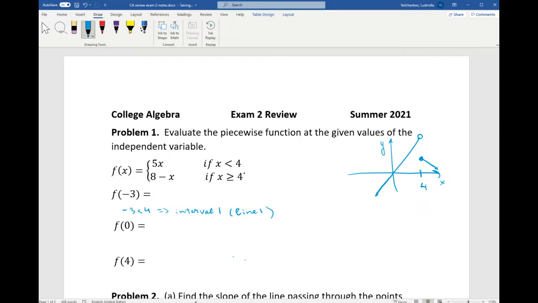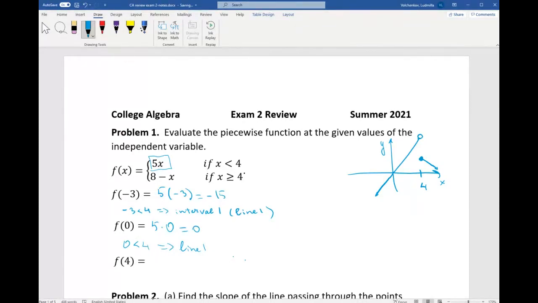We use the function equation from line 1. 5 times -3 equals -15. F of 0. 0 is also less than 4, so we also use line 1. 5 times 0 is 0.